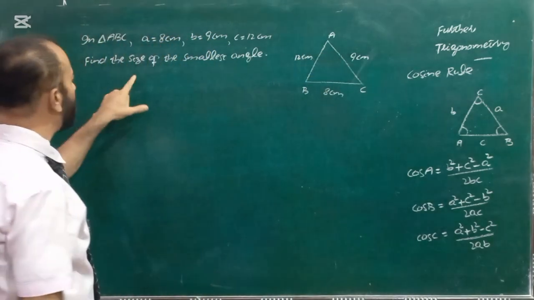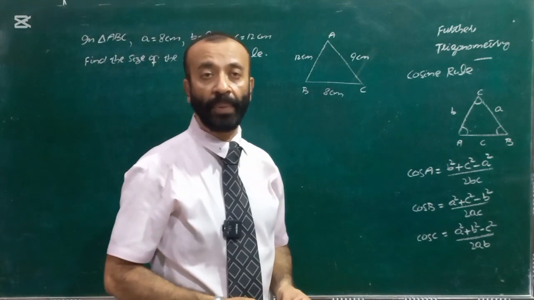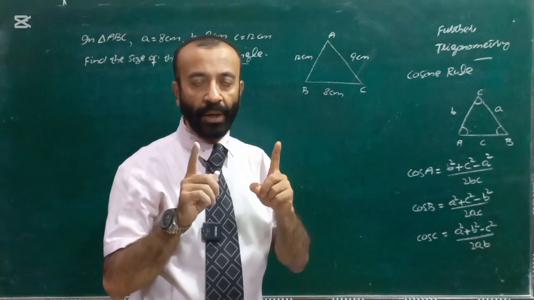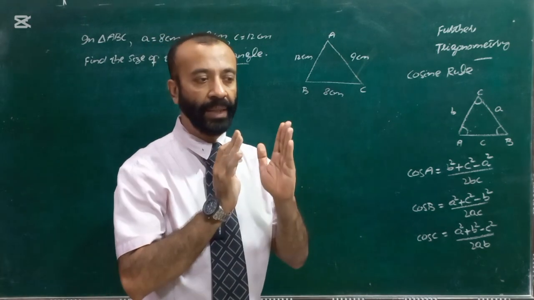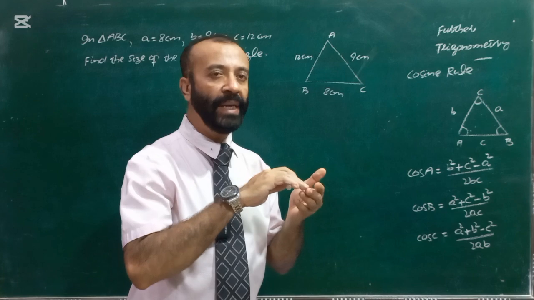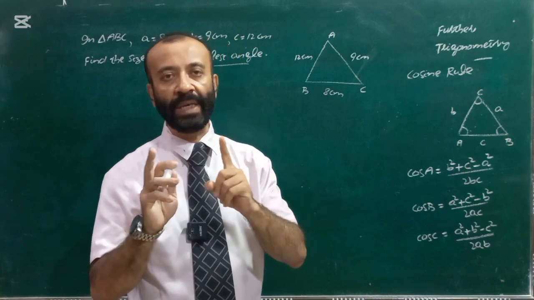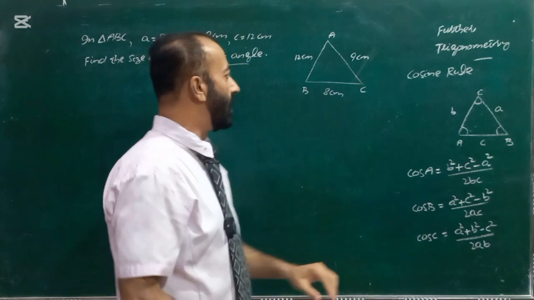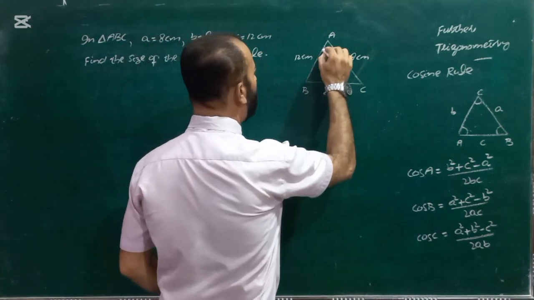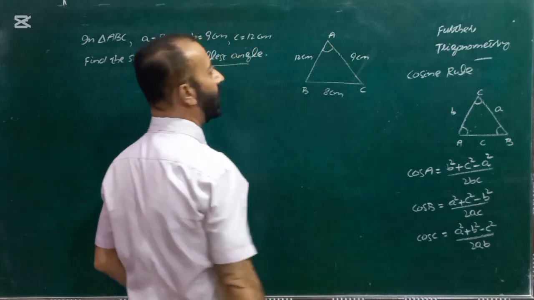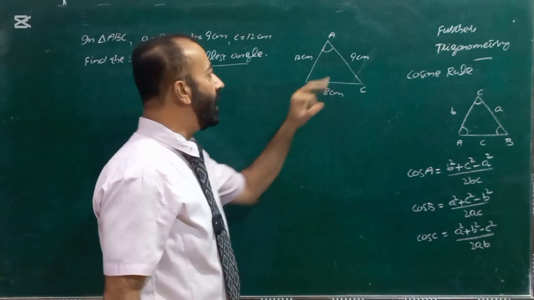The requirement is to find the size of the smallest angle. So I'm giving you another important concept. The angle opposite to the largest side is the largest angle. The angle opposite to the medium side will be the medium angle, and the angle opposite to the smallest side will be the smallest angle. Out of these three sides, this is the smallest. It means this will be the smallest angle. So we want to find angle A.